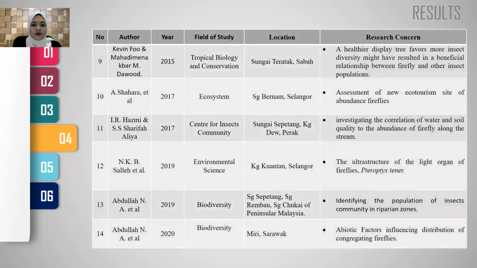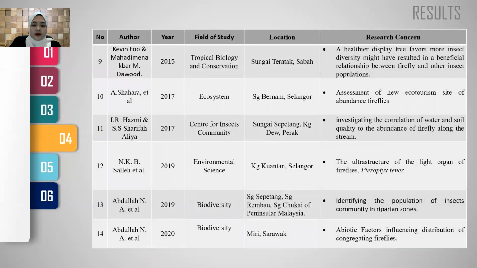And then Sungai Teratak, Sabah. This one they inform about the healthier display trees, why the environmental parameters also matter, and why insect diversity favors the display tree. And then Sungai Bernam, Selangor, Sungai Sepetang, Kampung Diu, Perak again, Kampung Kuantan.